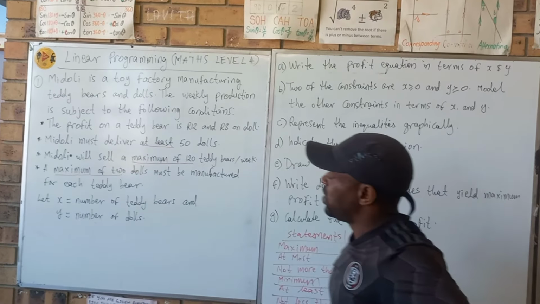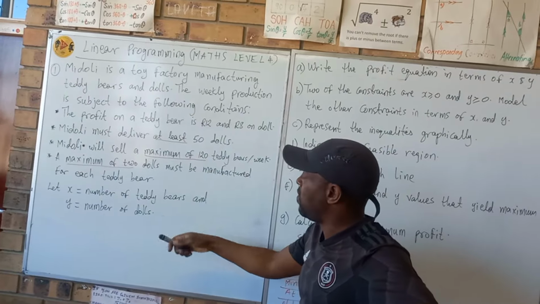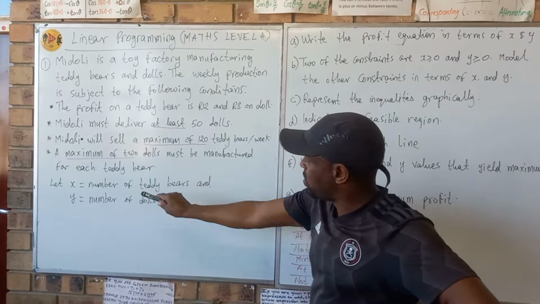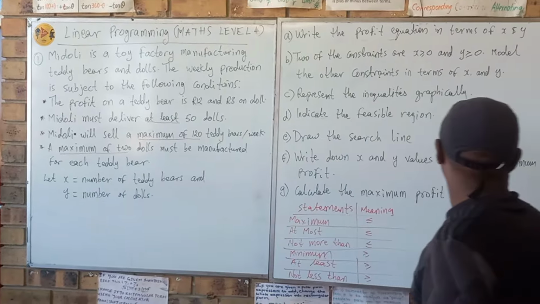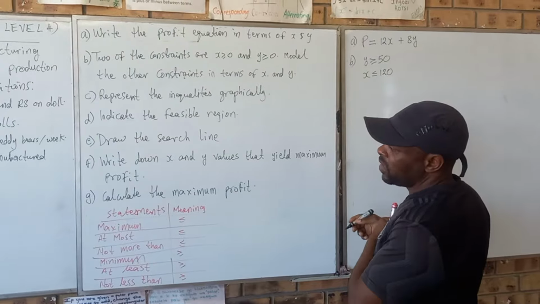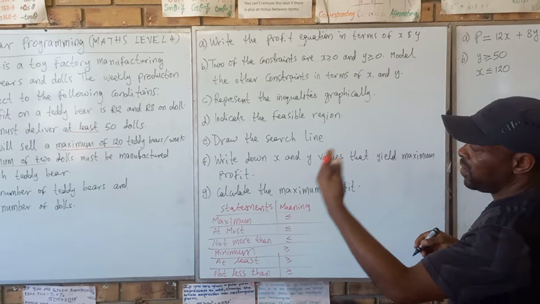So this statement is actually a statement of ratios, where we could have said the ratio of dolls to teddy bears is 2:1. That is another way you can frame that equation. So this is how I handle such an equation. They say a maximum of 2 dolls must be manufactured for each teddy bear.